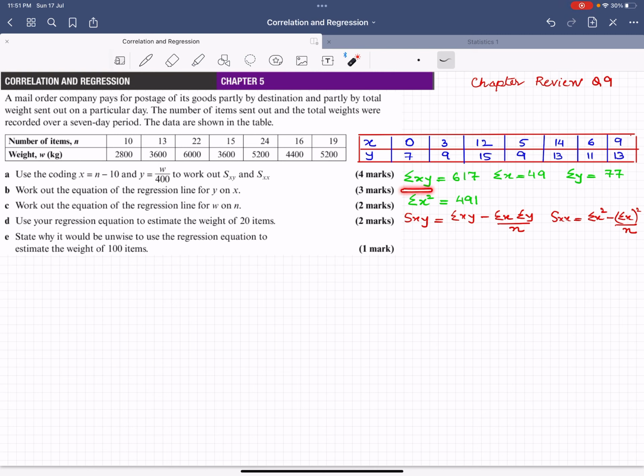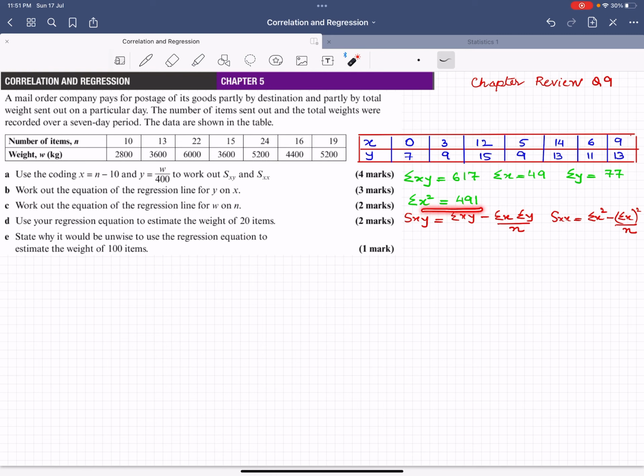So sigma xy, we find this by taking the x value, multiplying it by y, and then adding to it the next value of x multiplied by y, and then adding to it 12 into 15, and so on and so forth. Sigma x we get by adding all the x values, and sigma y is adding all the y values that we have here.